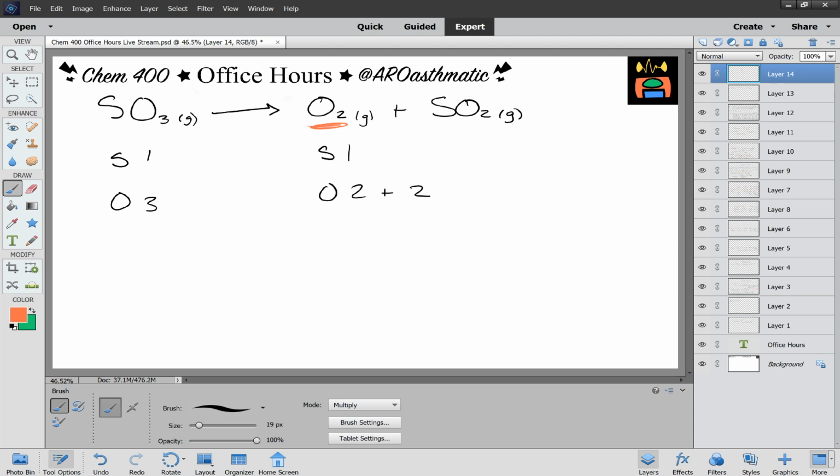It's isolated, right? So what we're looking for here, we've got 3 oxygen on our reactant side. We have 2 plus 2 on our product side. We want to multiply O2 by some number so that the number of oxygen on both sides of this equation are equal. And so what we need to do now is solve for n.